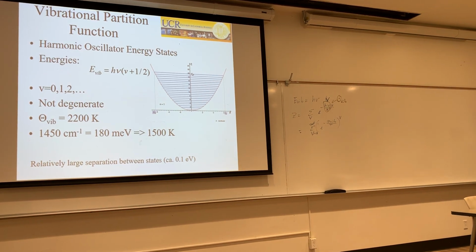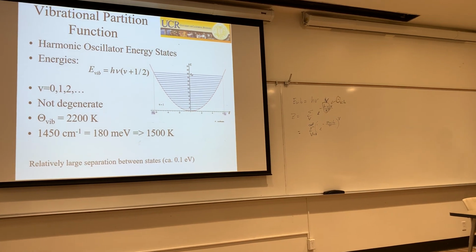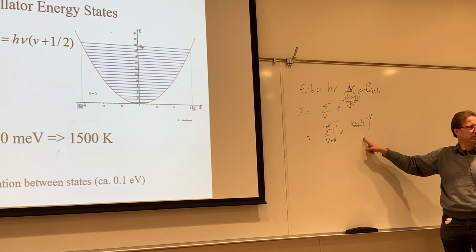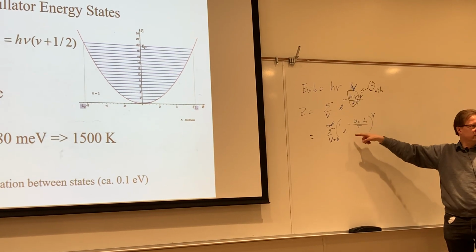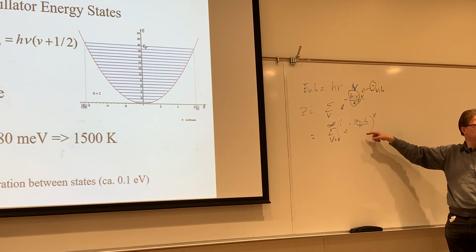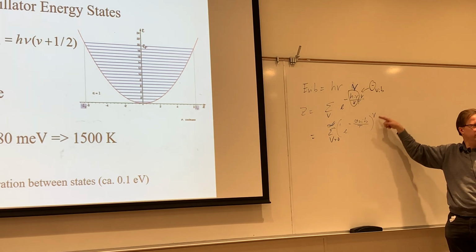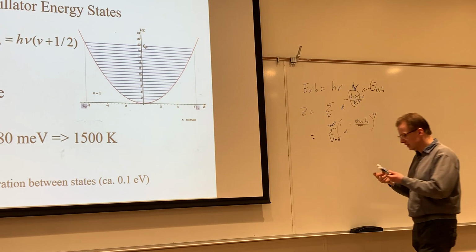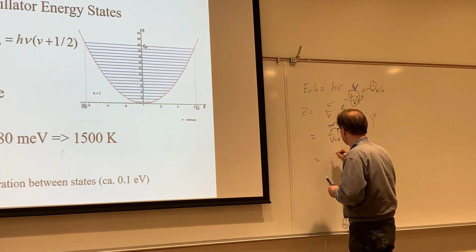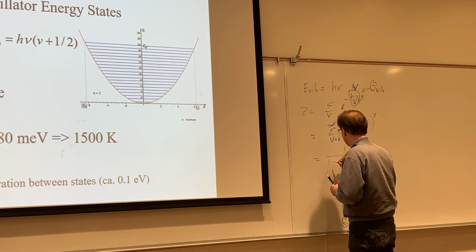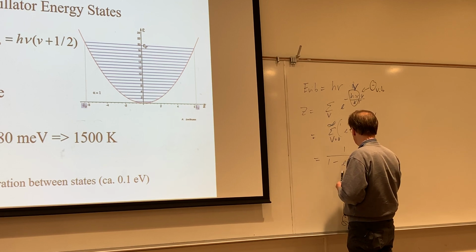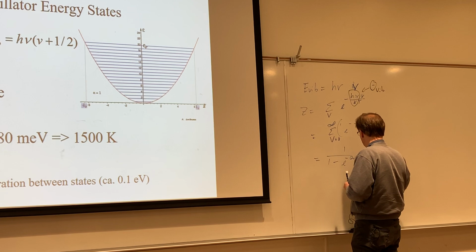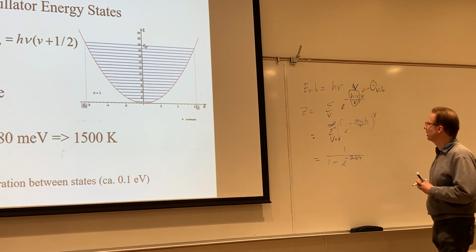That is something which you did in your homework 2 weeks ago, remember? That is just a geometric series over here. x to the power of 0, plus x to the power of 1, plus x to the power of 2, plus x to the power of 3, plus x to the power of 4, and so on and so forth. And you know the result for that. That is 1 over 1 minus e to the power of minus theta vib over T.